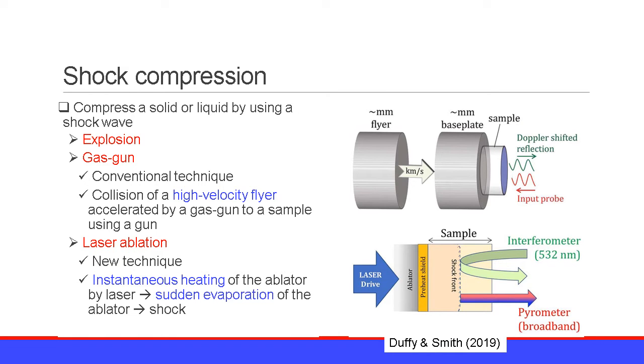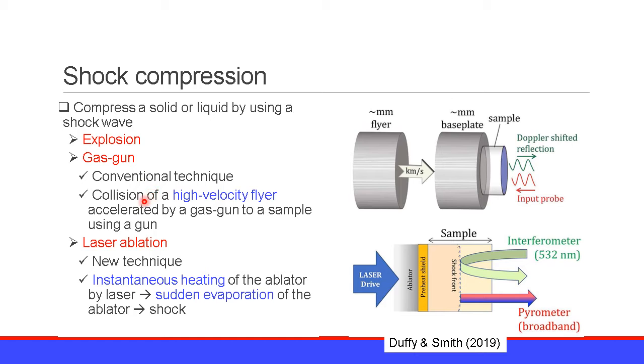As I told you, shock compression is an experiment to compress a solid or liquid by using shock wave. The simplest way is utilizing gas explosion. However, the shock experiment using gas gun is more popular.